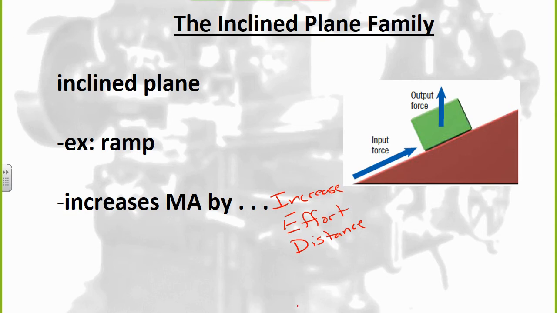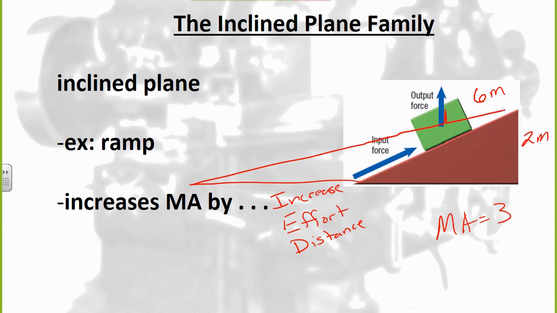So if this is 6 meters I travel, and I make myself go up 2 meters, then that mechanical advantage would be 3, right? So I've got to increase this distance. If I wanted to make this an even easier ramp to push something up, I would have to make a less steep slope, and that would make it even easier to push it up. All right, so that's the ramp.